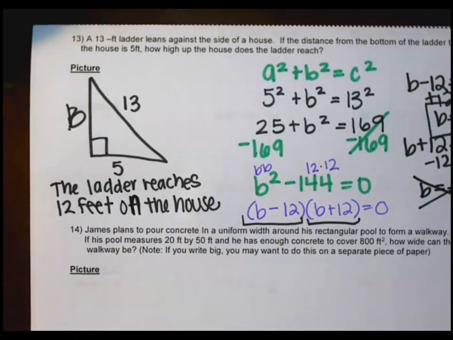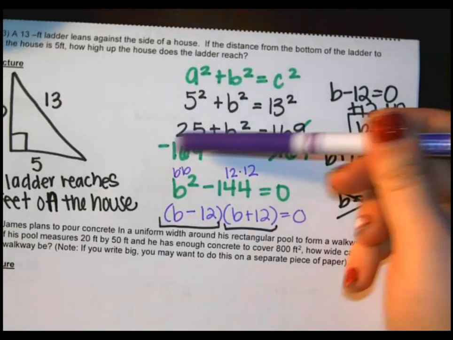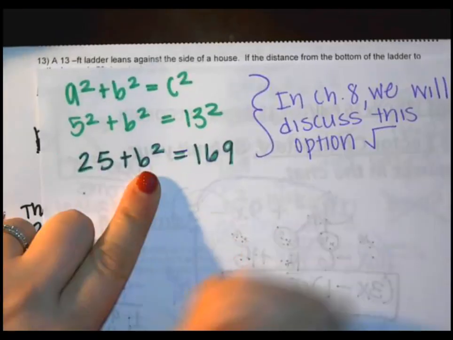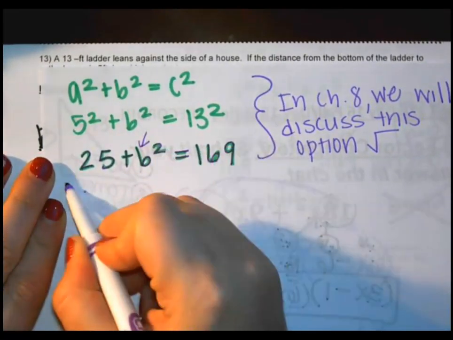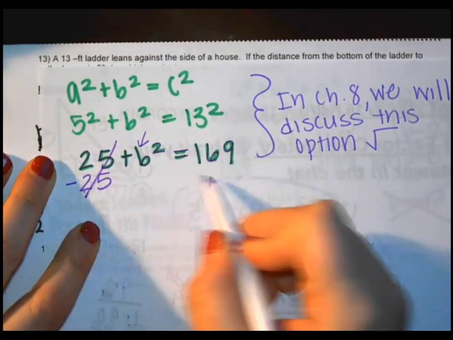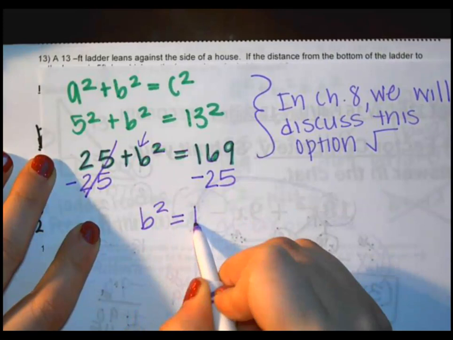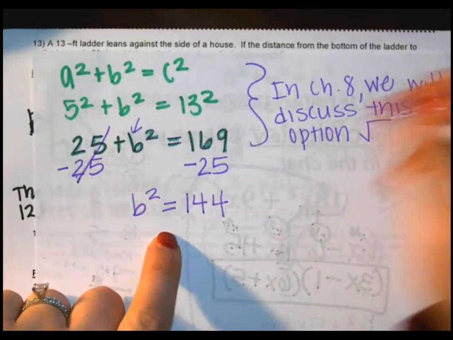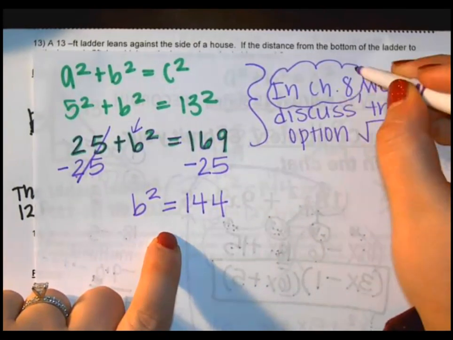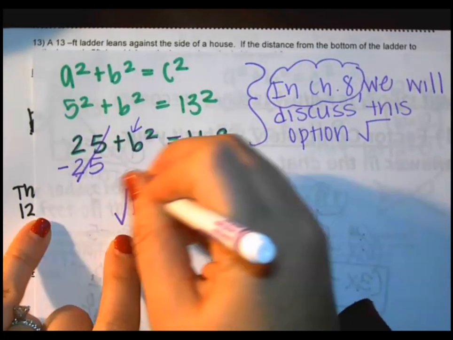Now, the other way we could solve this problem as well is if we go back to right here, instead of setting it equal to 0, the other way we could do it is to get the variable by itself. So we would subtract 25 from both sides. And we would get b squared equals 144. And then what we're going to learn again in chapter 8 is to get rid of an exponent that is a 2, we could square root both sides.